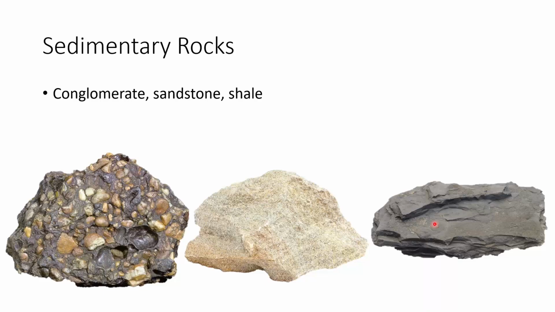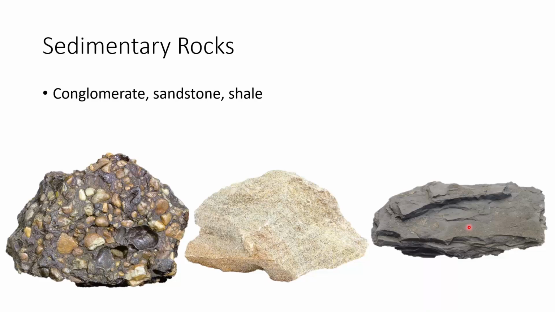Additionally, observe the layers in the shale. These layers are also known as beds. Not all shales are black, as they are here in this example. Shales can vary in color from beige to yellow to red to brown to black.